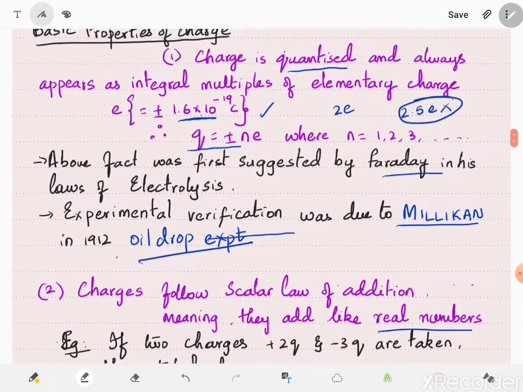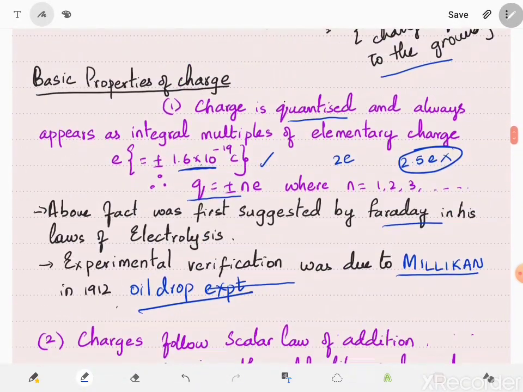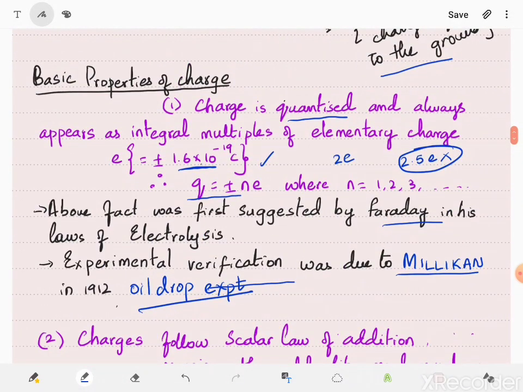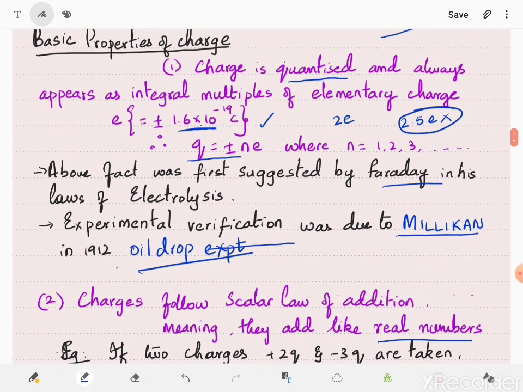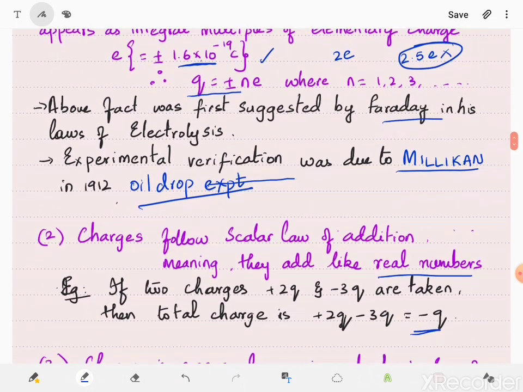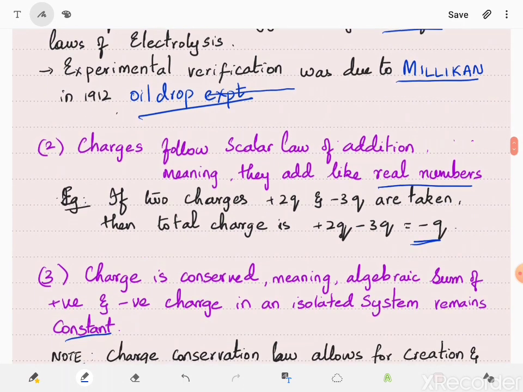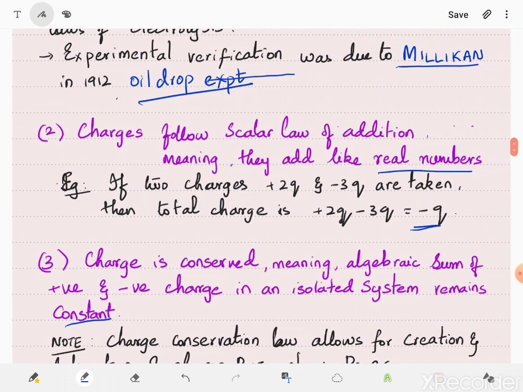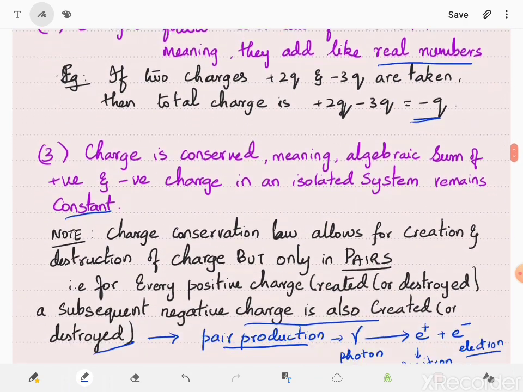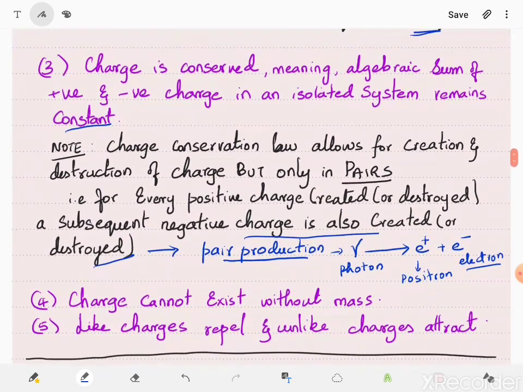So clearly, the three most important basic properties of charge are: the first one, charge is quantized; second one, charges follow scalar law of addition, meaning they add like real numbers; third one, charge is conserved, meaning algebraic sum of positive and negative charge in an isolated system always remains constant. The fourth most important property, of course, is charges cannot exist without mass.